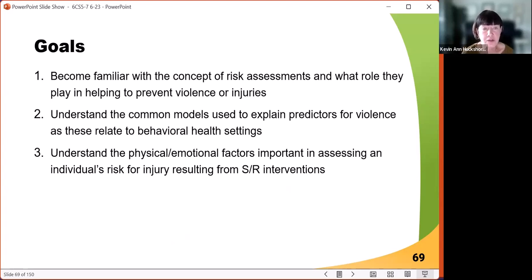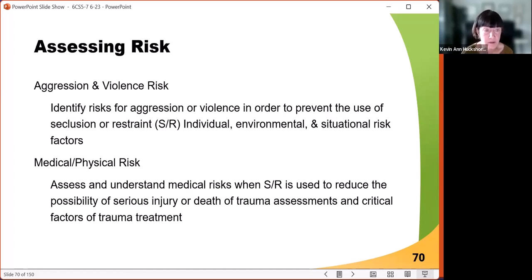So the goals are to become familiar with the concept of risk and risk assessment, understand the common models used to explain how we predict violence, and understand the physical and emotional risk factors when we actually do put hands on people. Next slide. So we're going to talk about aggression and violence risk and medical physical risk, which is just at the end and not very many slides, but important for everybody to know. Next slide.